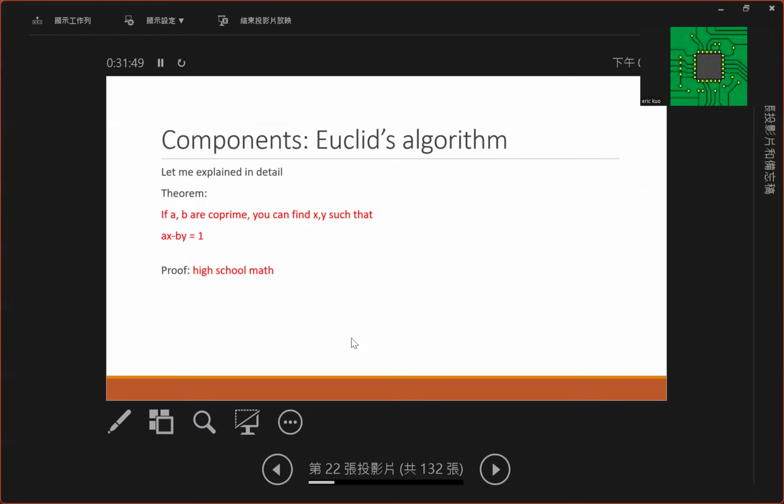For example, 7 and 3 are coprime, so you can find 7 minus 3 times 2 is 1. This is pretty high school math. If you don't know, you can check Wikipedia. The proof is basically the definition.